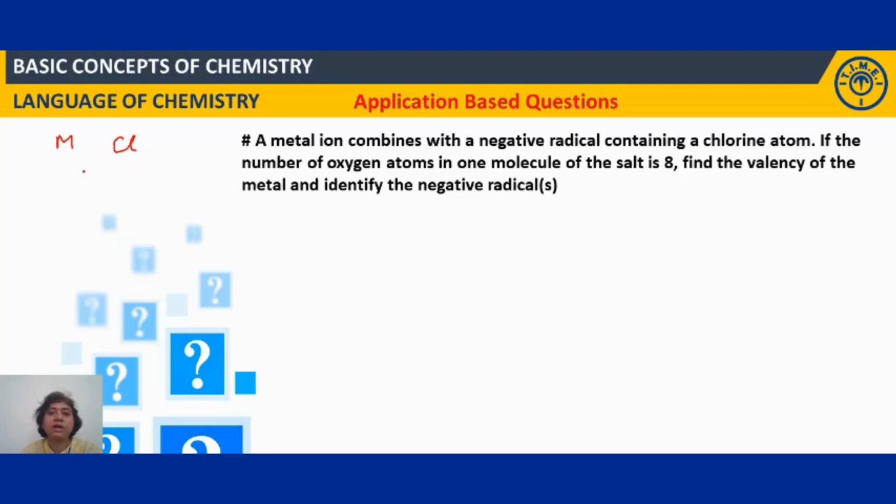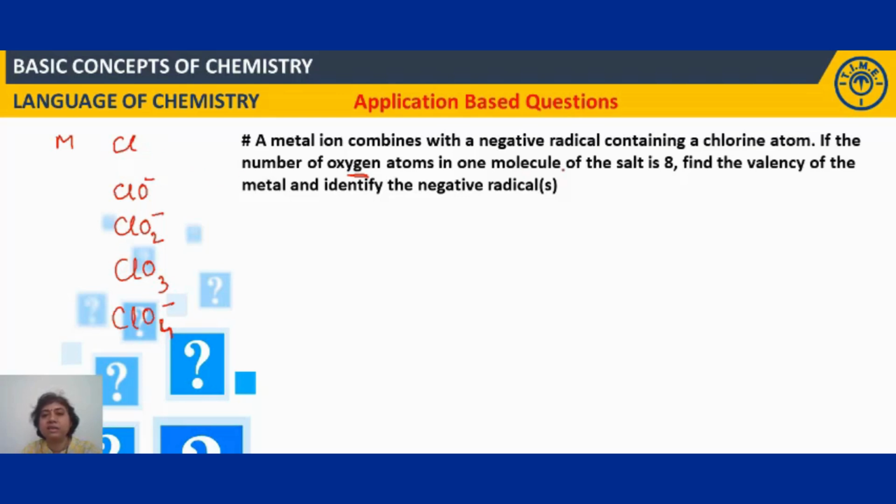Now chlorine, and if the number of oxygen atoms is given, oxygen is there along with chlorine, so what are the radicals possible? There are 4 radicals possible: hypochlorite, chlorite, chlorate and perchlorate. All are -1 valency. Fine.